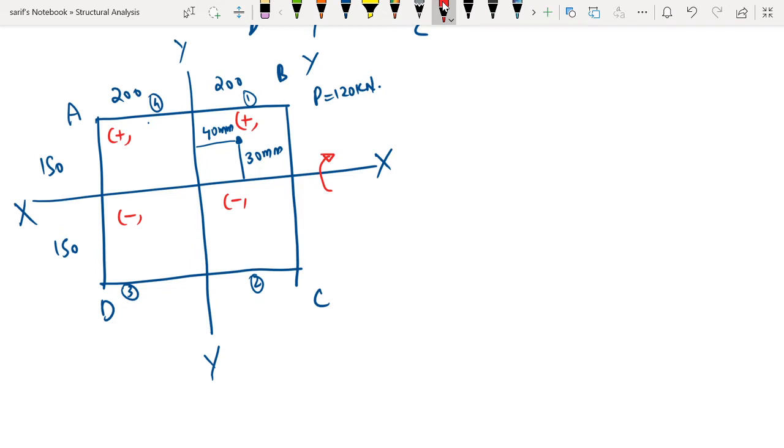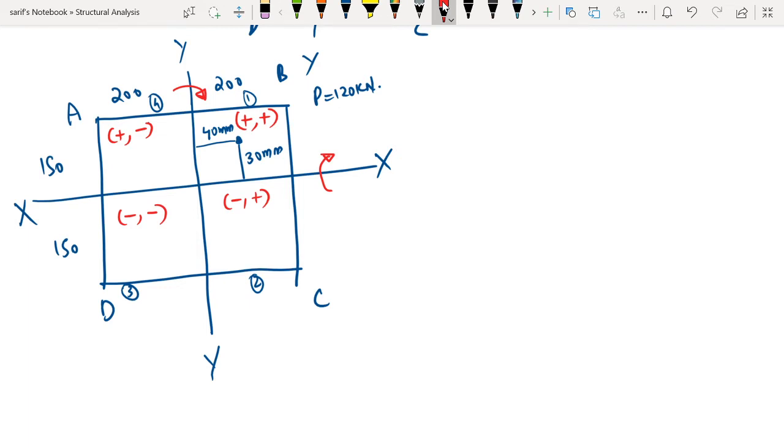Since the load is towards the right, the bending moment will be like this, and the right half of the cross section will be under compression. So here again, due to y you will have positive, here also positive, and you will have negative on this half. Now the signs of the various stresses have been done.